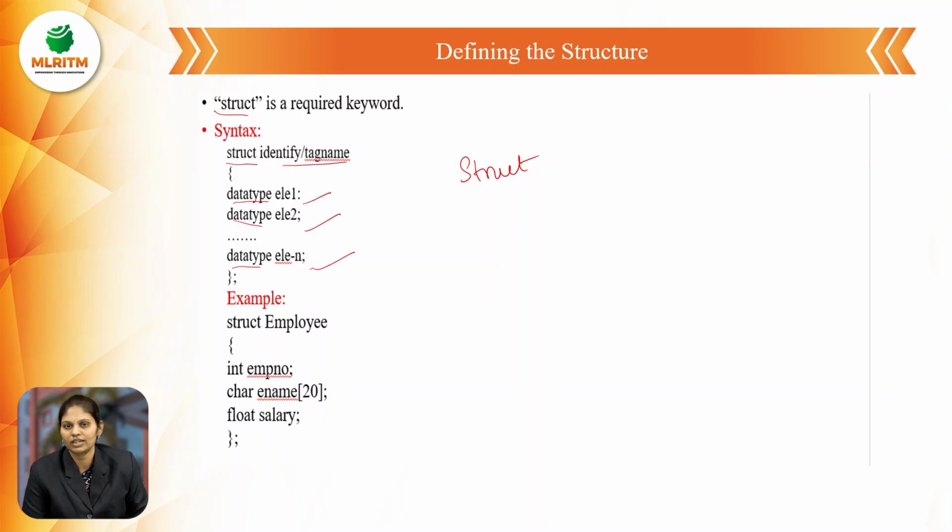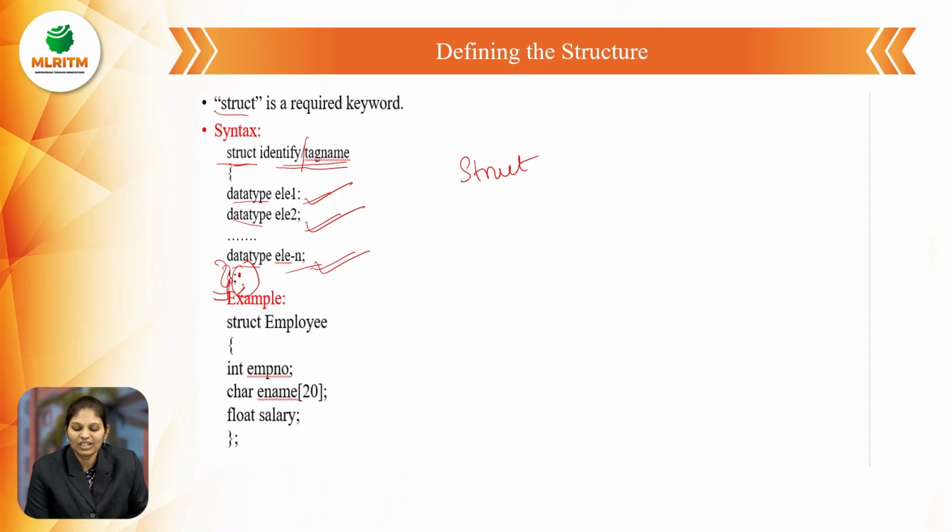After creating the structure, you must give the semicolon. Students, you must follow this syntax, it is most important: struct, tag name, data type element 1, element 2 up to element n, the closing brace, and the mandatory semicolon.